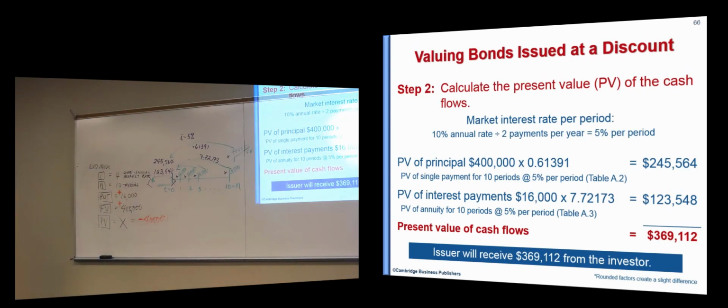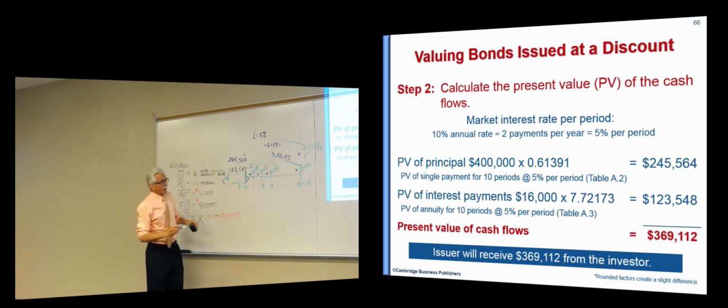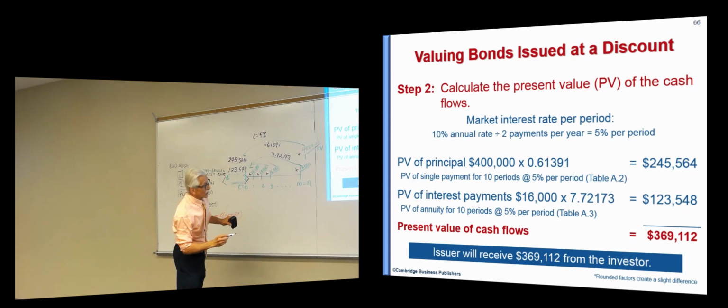By the way, if this was a zero coupon bond, no coupon interest, this bond would sell for 245,564. With the interest, this bond sells at 369,112.